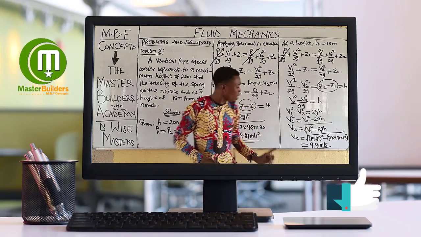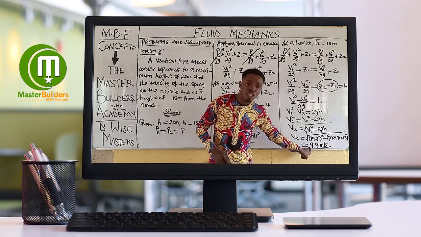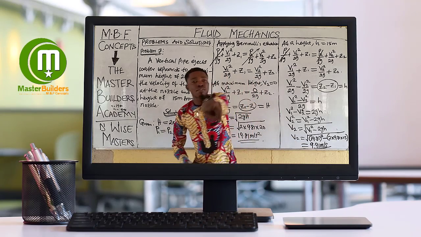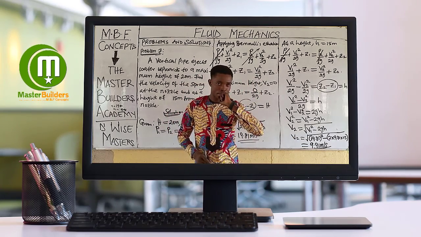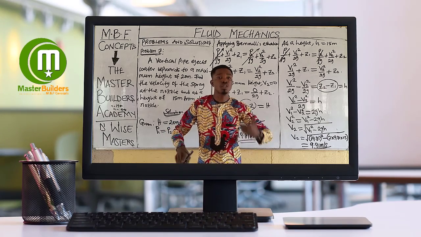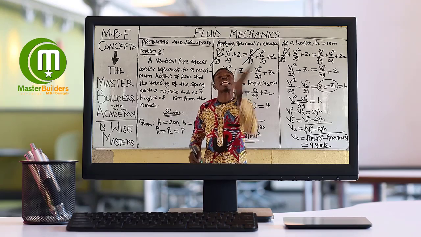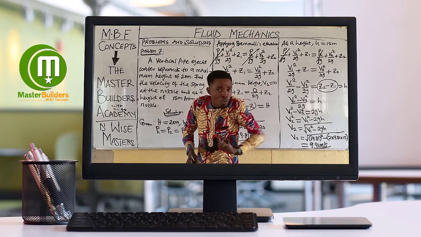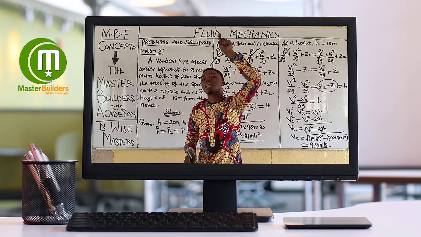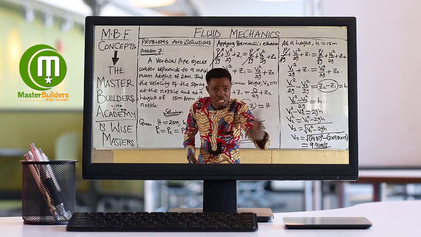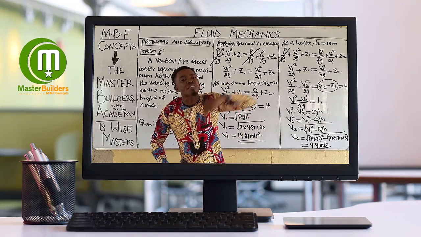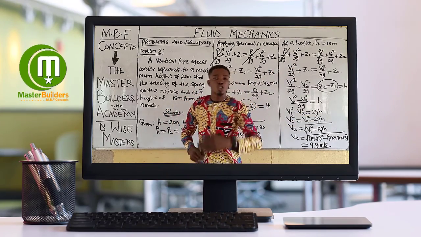Are you there? So if the value you obtain as v2 is greater than v1, you are wrong. This is the essence, because anytime we project an object from the ground level to gain height, as it moves from the ground level to that particular height, the velocity reduces because of the effect of the gravitational pull on such bodies.